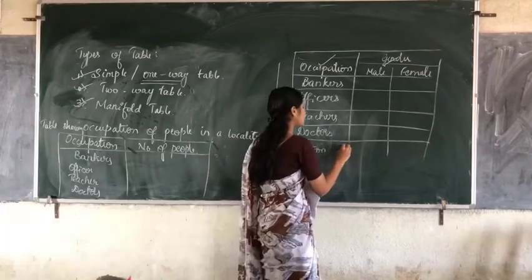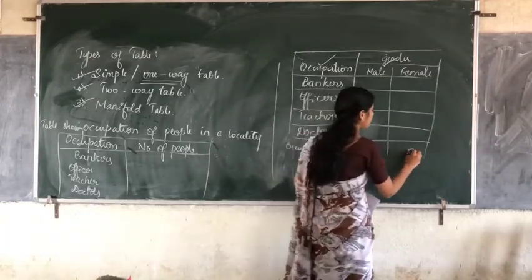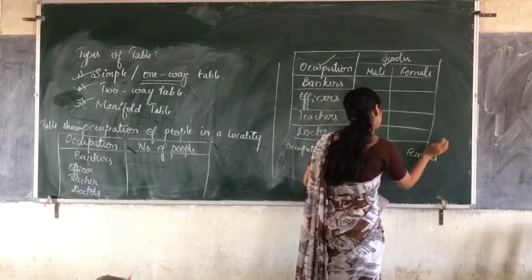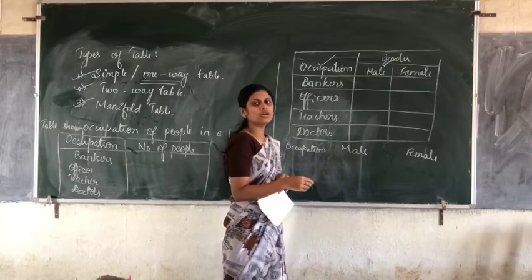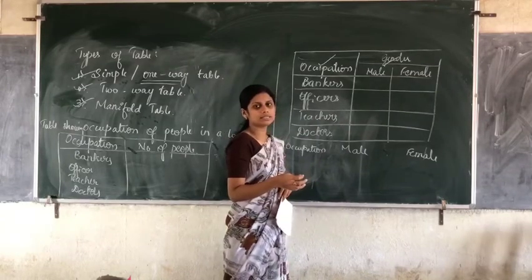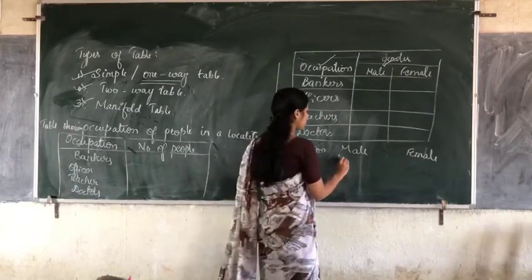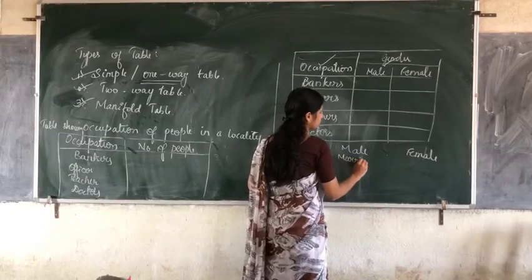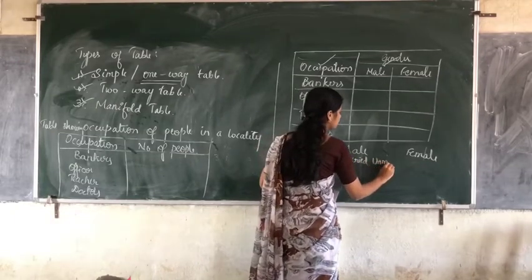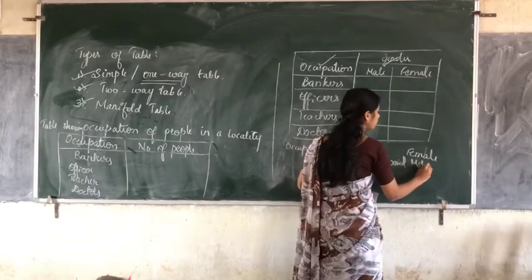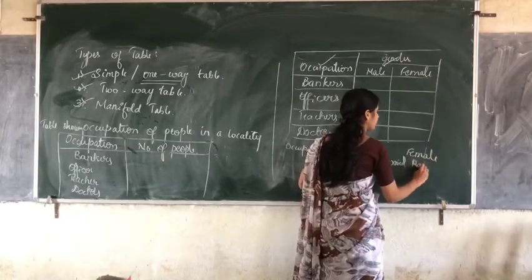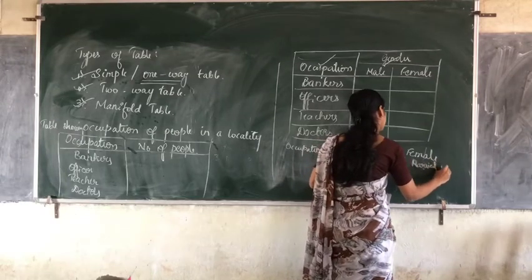Next, we are going to show the gender as male and female. Next, in male and female again you are going to consider the next characteristic, that is marital status, that is married and unmarried. Here also in female, married, unmarried.